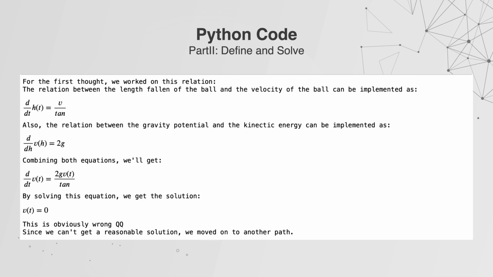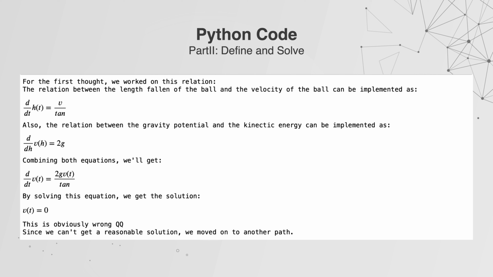The second equation is dv over dh equals 2 times g, where g means 9.8. This relation came from the relation between gravitational potential energy and kinetic energy.